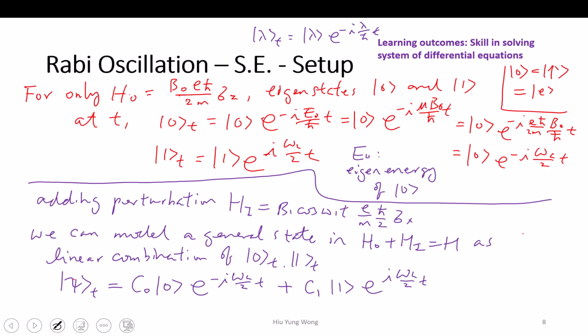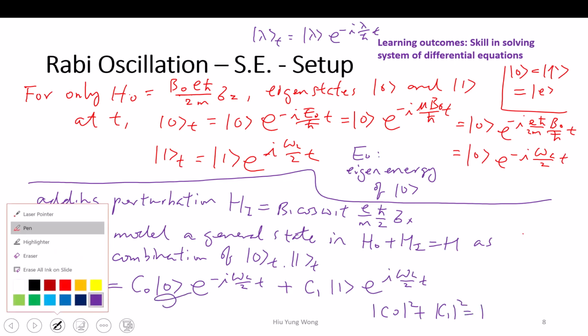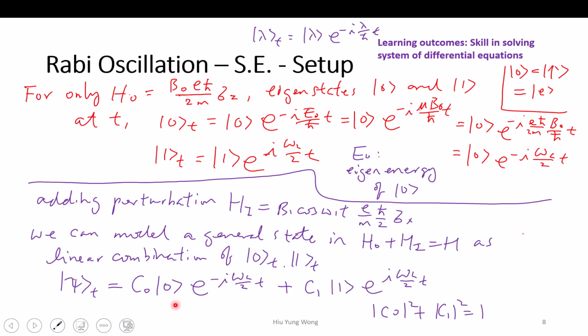The condition, of course, is we need C0 squared plus C1 squared equal to 1, so that you have the normalized probability. In summary, I just model any general state as a linear combination of the basis states. But for these basis states, I also spell out that they have a phase that keeps changing with t due to the original Hamiltonian H0. So this is the wave function when I add a perturbation to the system.